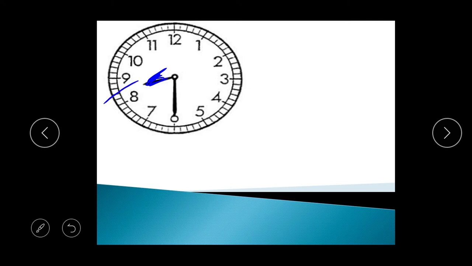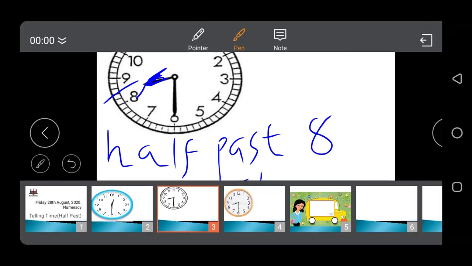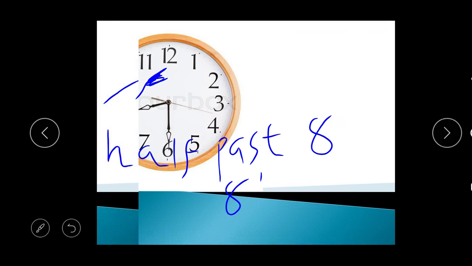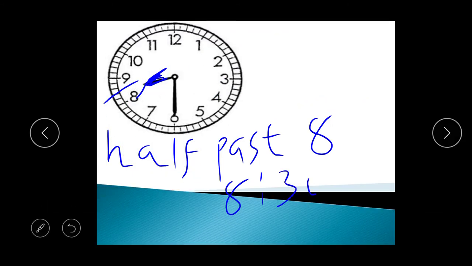But the hour hand is closer to 8 than it is to number 9. So we can say this is 8:30. Yes, we can say half past 8 or 8:30.